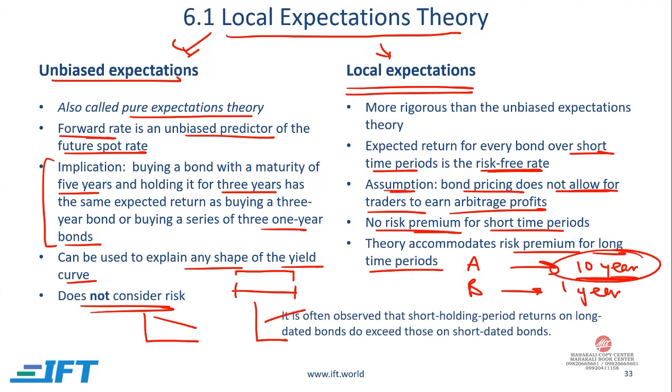In fact, it has been observed that short holding period returns for long dated bonds do exceed those on short dated bonds. So if an investor buys a 10-year bond and holds for 1 year, chances are that the expected return will be more than the expected return if the investor simply buys a 1-year bond.